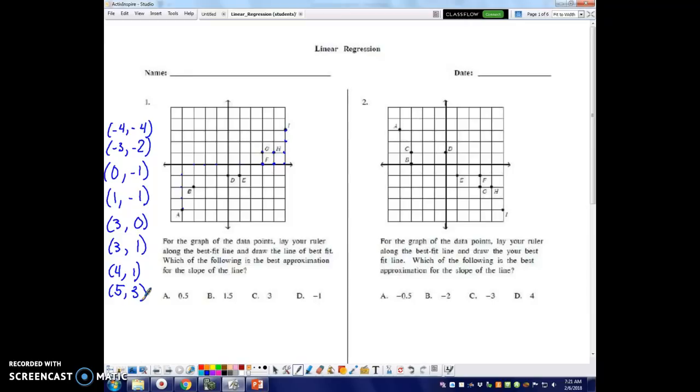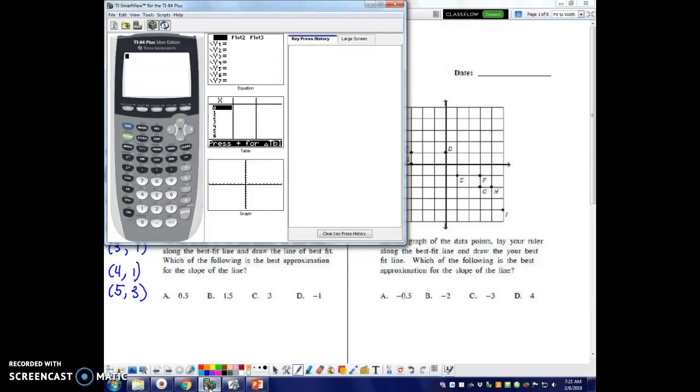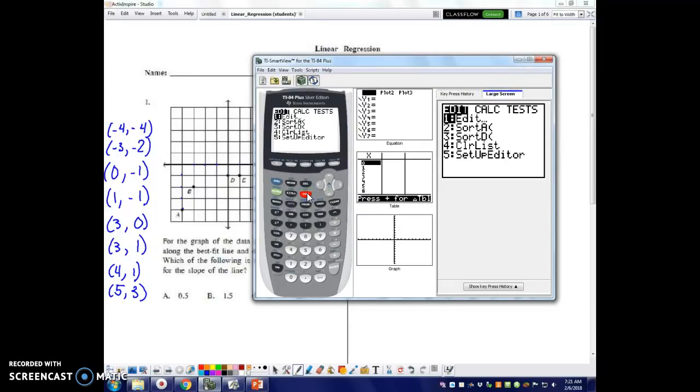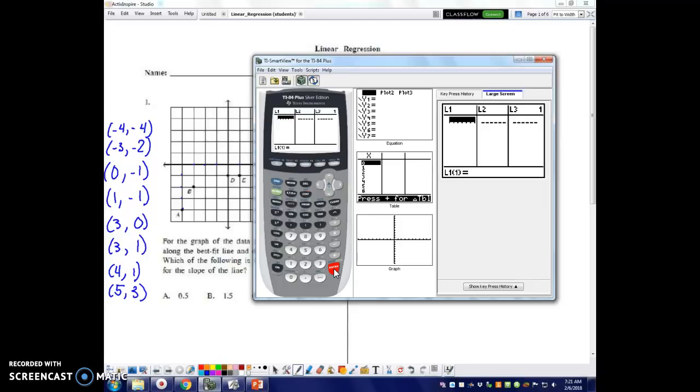Okay, so we're going to take these points and put them in your calculator. Go to Stat, Edit. Remember, all the x's go into L1, all the y's go into L2. So negative 4, negative 3, 0, 1, 3, 3, 4, and 5.